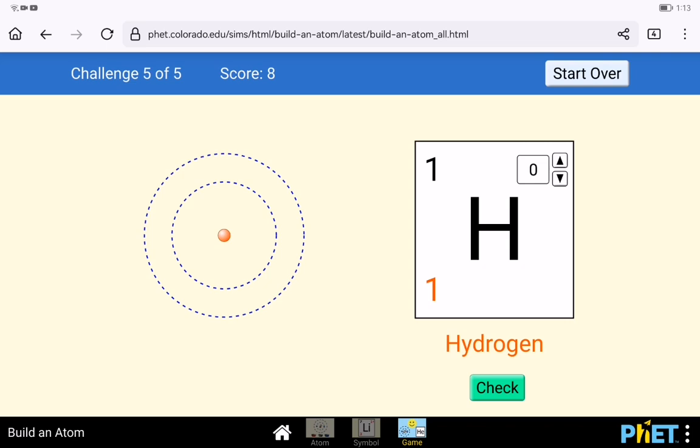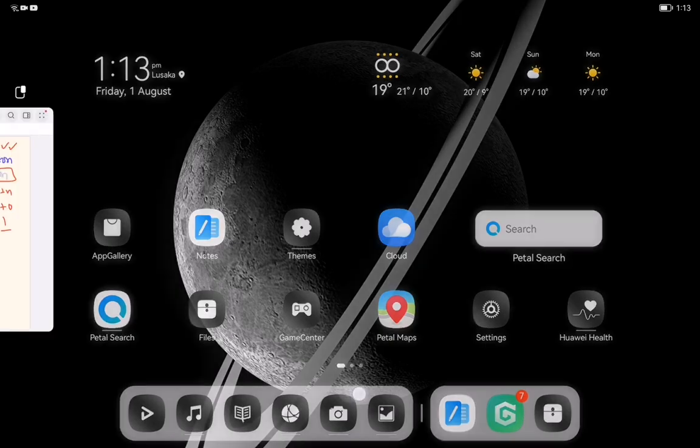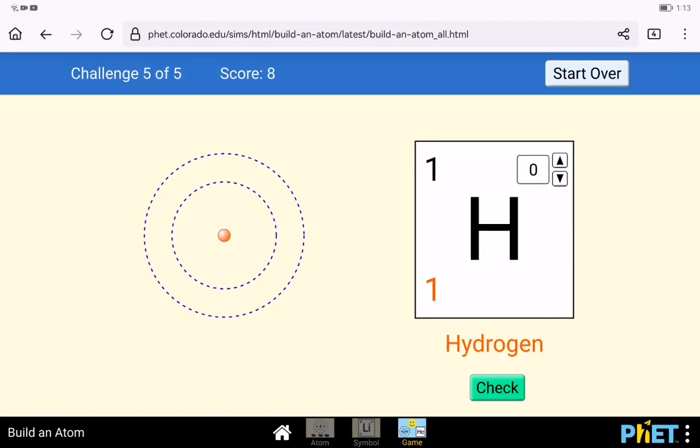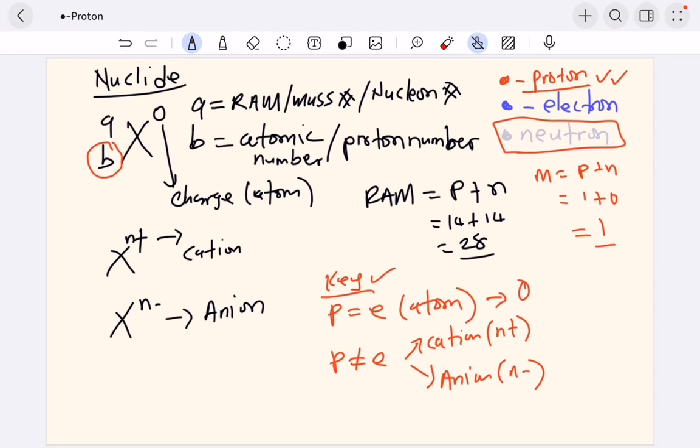And the last question, we are asked to find the charge of hydrogen. So for us to know whether it's 0 or positive or negative, we have to refer back to the key. When P is equal to E, in this case, you notice that there's only a proton, there is no blue, which is an electron. Therefore, P is not equal to E. Then the second question is, is it a cation or is it an anion?